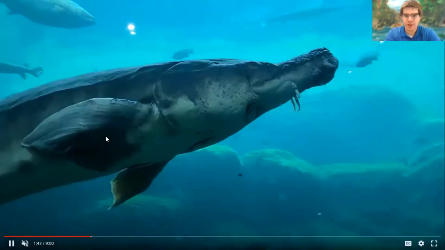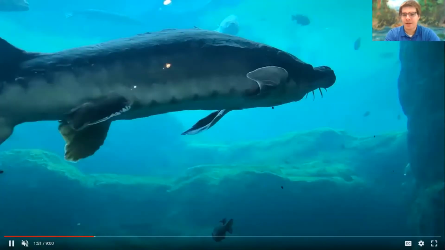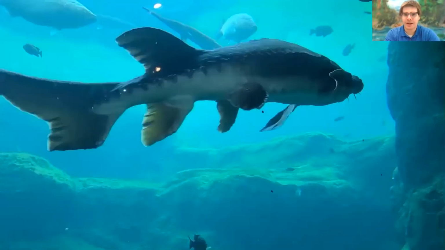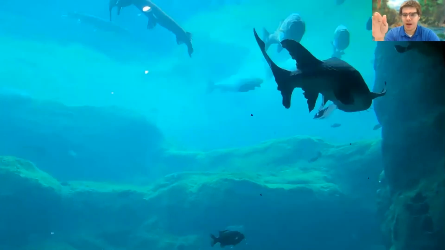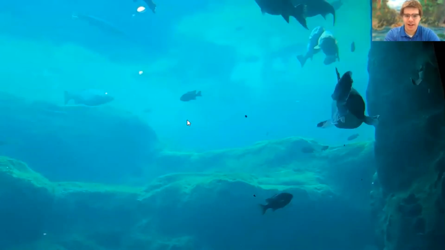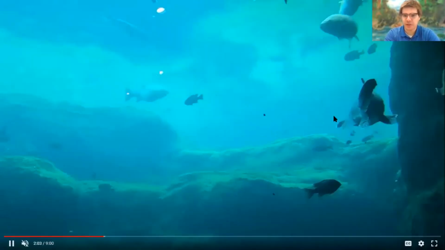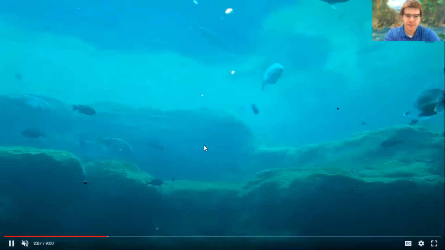They're all moving themselves forward by slightly different methods of swimming. I bet whenever you look at fish, you don't really think about how each of them has their own unique way of moving forward, but they do. These tiny little fish move forward in a completely different way than larger fish like the sturgeon.